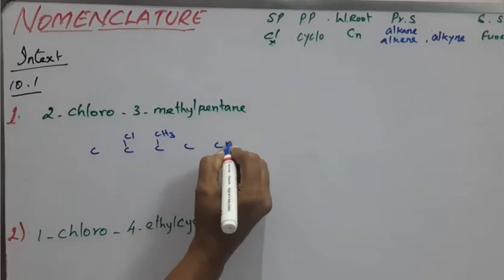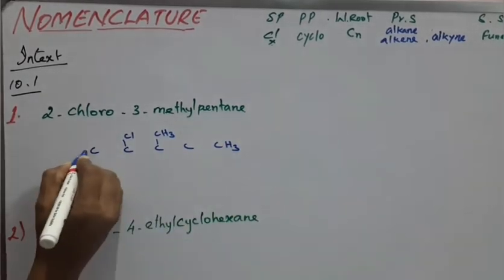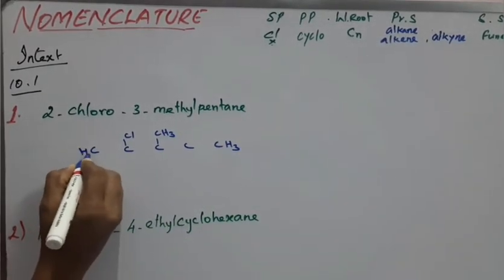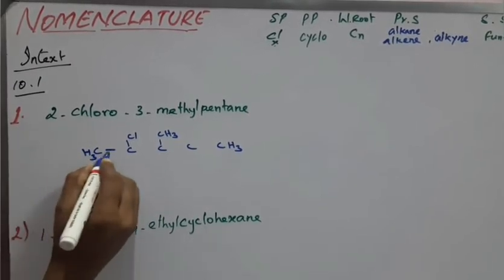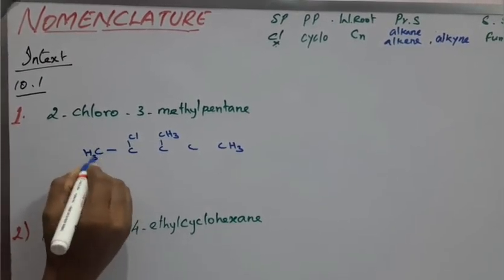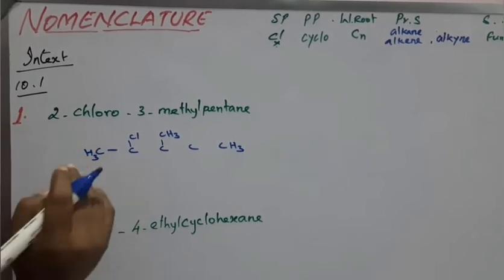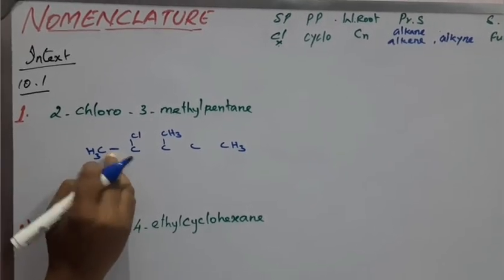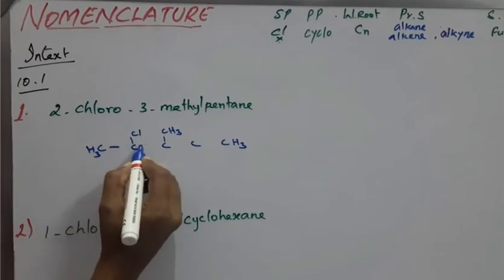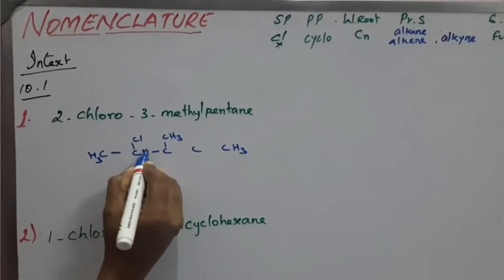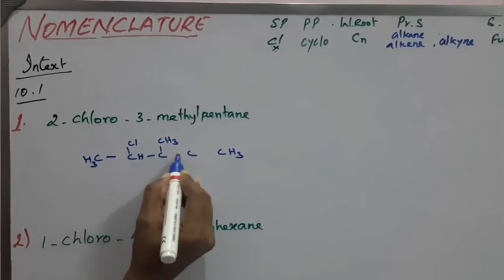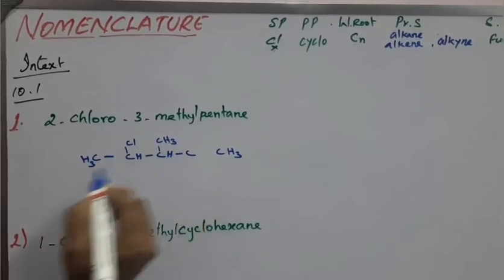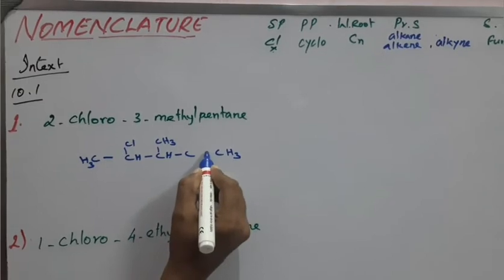For the ending carbons, that is CH3. Each carbon's valence is satisfied with 4 bonds: 3 plus 1 is 4.